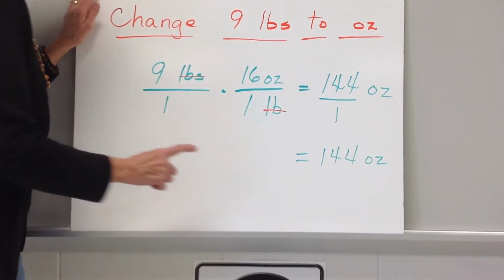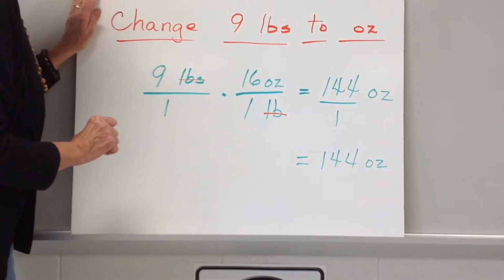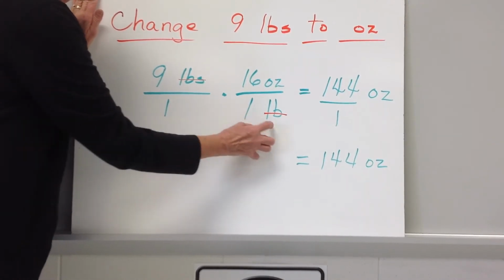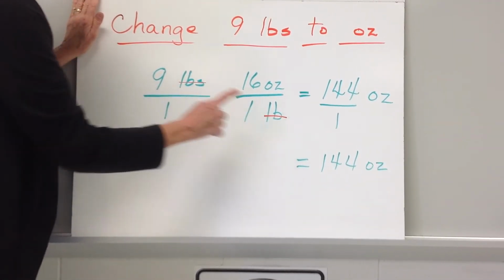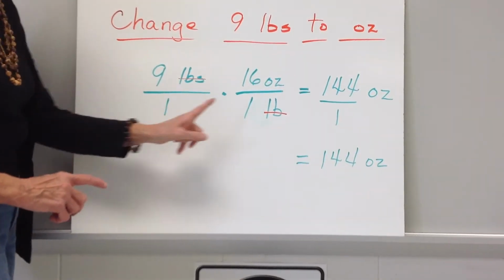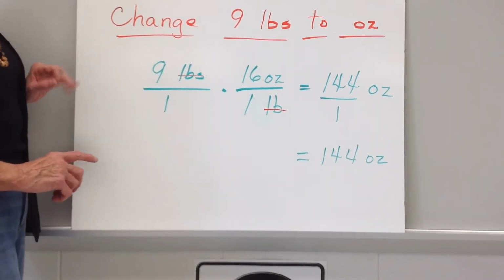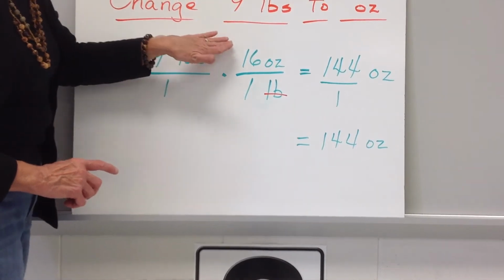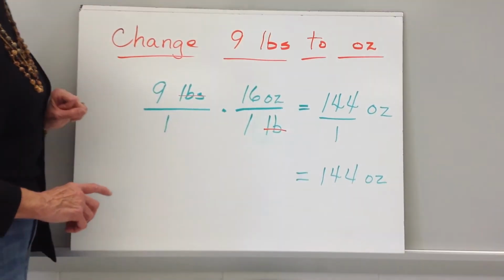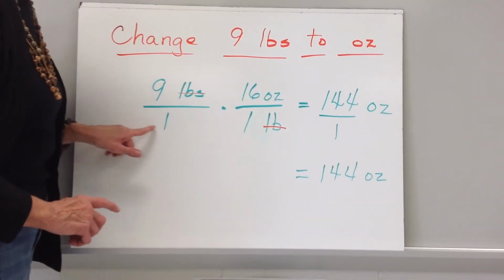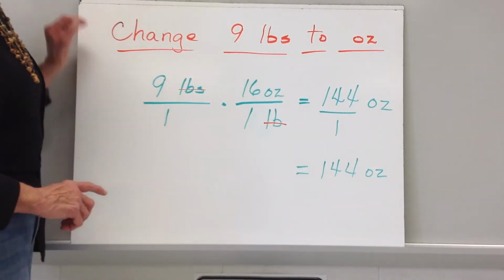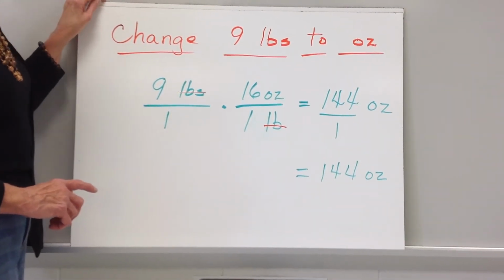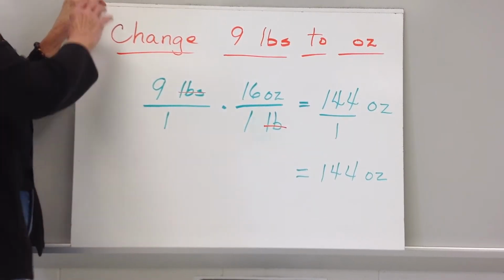I don't want pounds, I want ounces. So I'm going to put the 1 pound in the denominator so I can divide out that unit, and now I'm left with only ounces. 9 times 16 is 144 ounces over 1. I divide that out. That's 144 ounces.